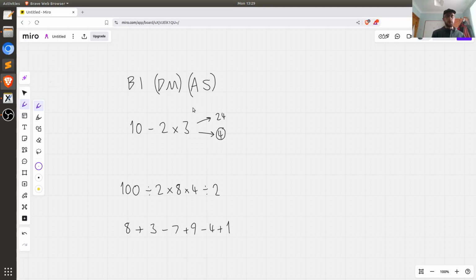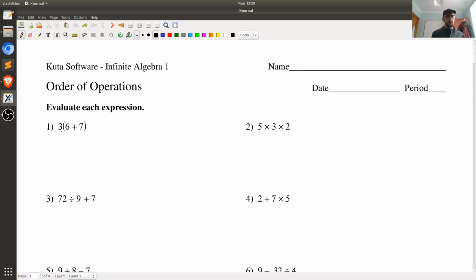Okay? But the best way to get experience with any sort of rule in mathematics is to simply solve problems, which we will now do. Okay. Here we open up with 3 times all of 6 add 7.